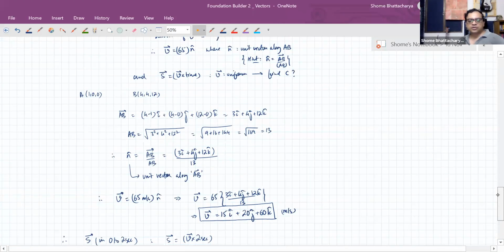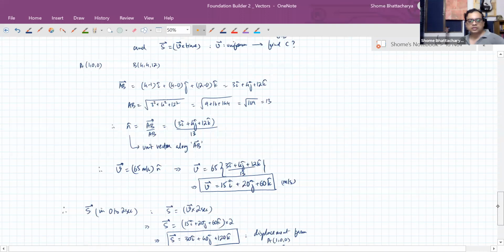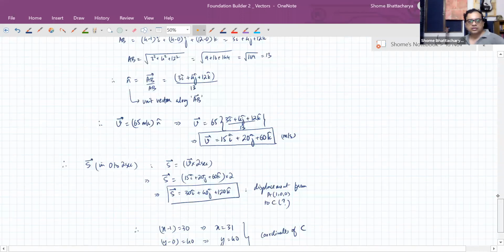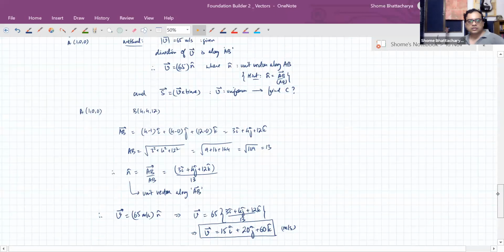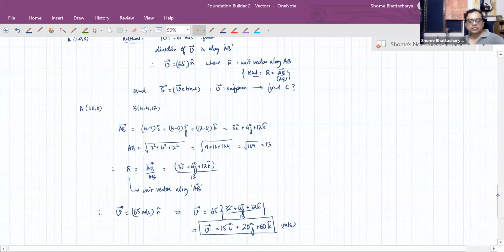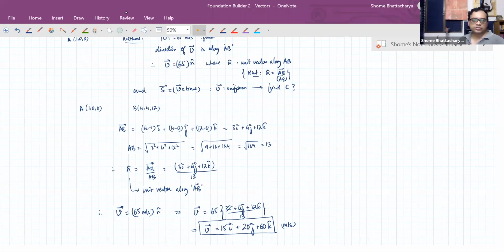So a couple of steps involved in solving this. So just note it down from here onwards.